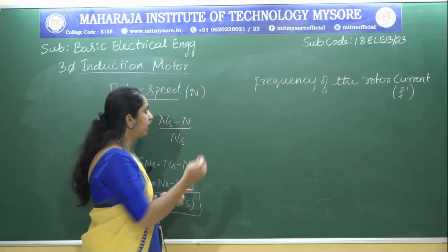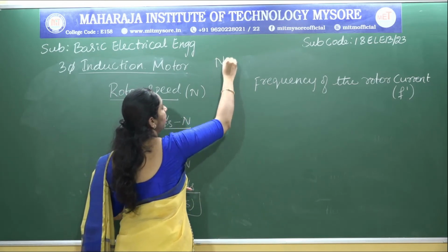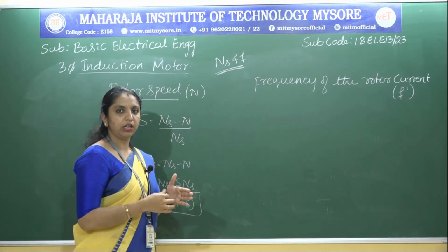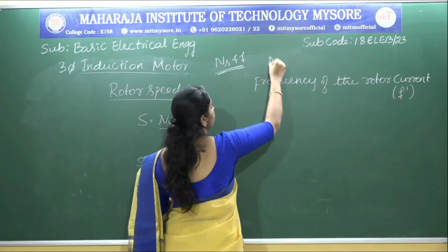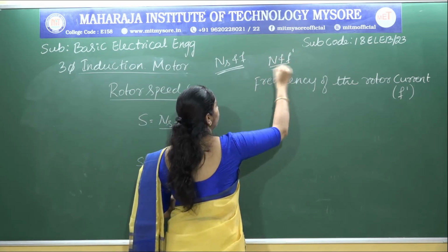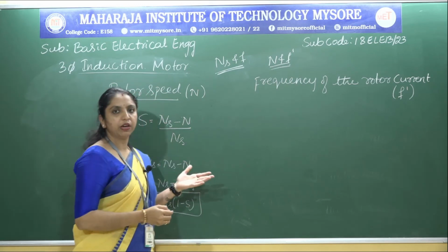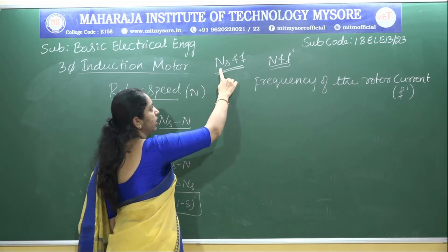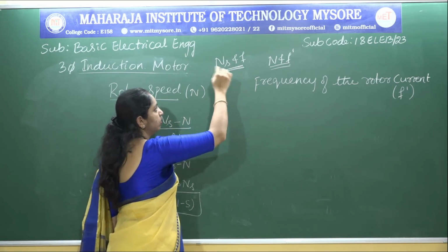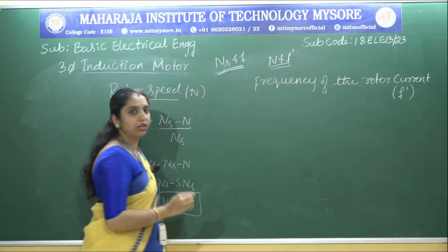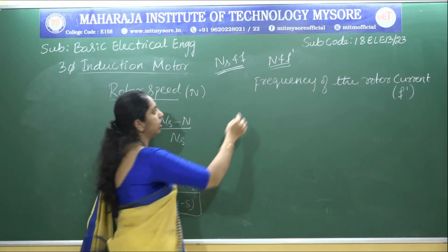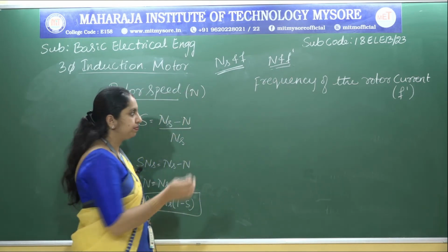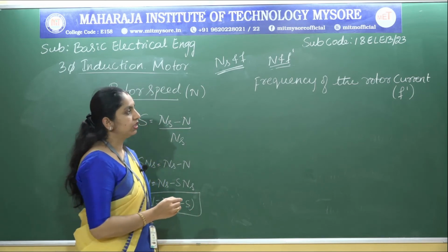Remember ns and f are related to the rotating magnetic field, and similarly n and f dash are the two parameters which we consider for the rotor. Synchronous speed ns and f are defined at the rotating magnetic field, and n and f dash are defined at the rotor.